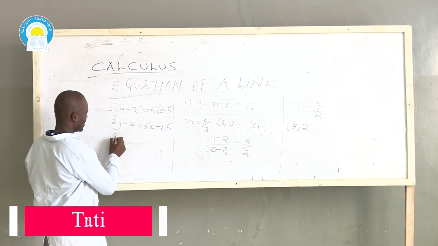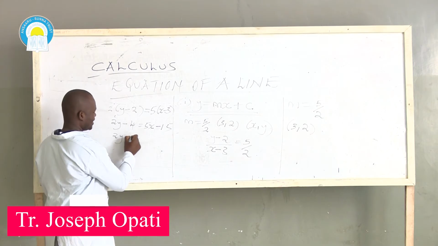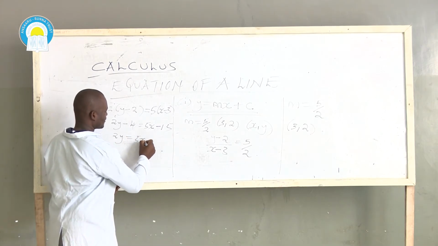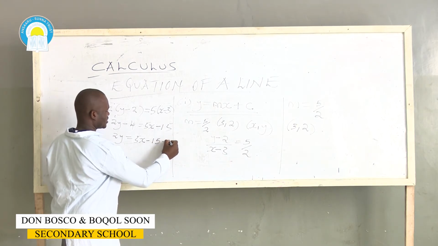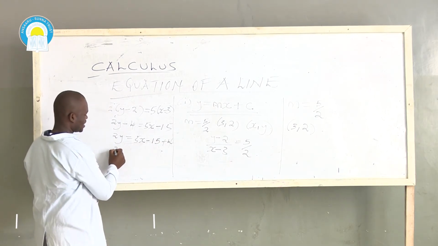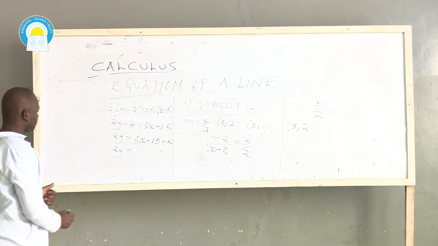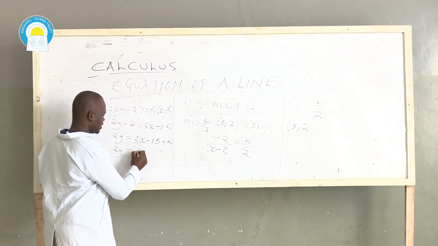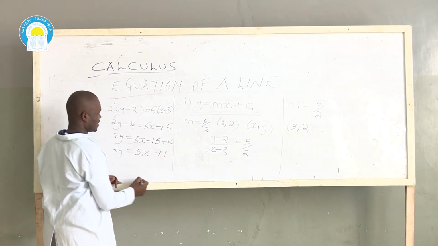Then the 4, which is negative, becomes positive on the other side. So we have 5x minus 15 plus 4. Then in the end, what do we have? 2y equals 5x minus 11.